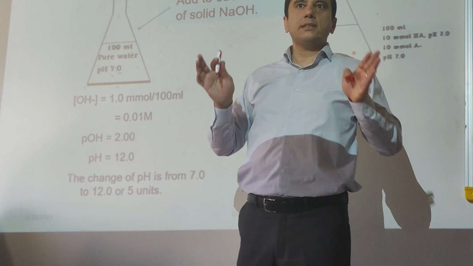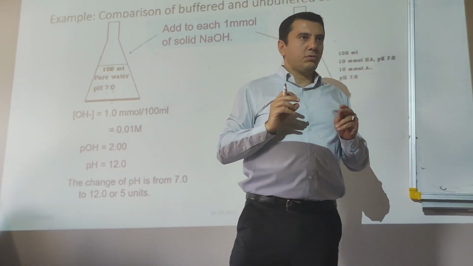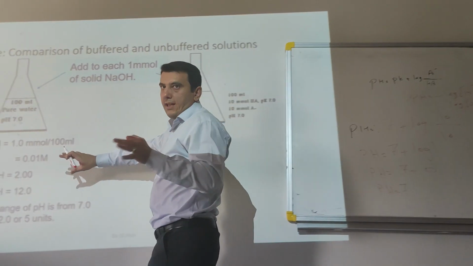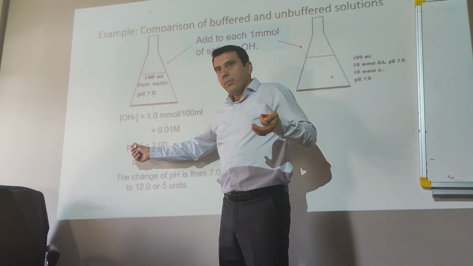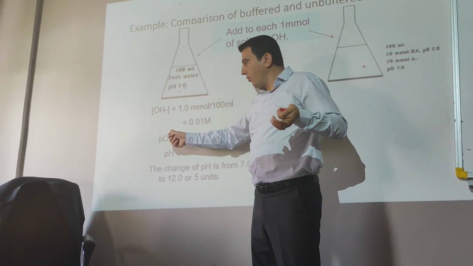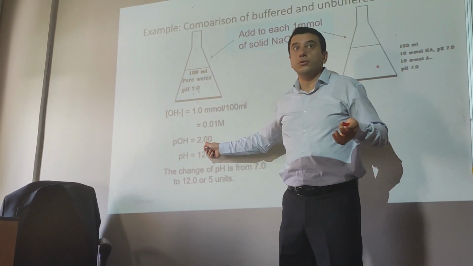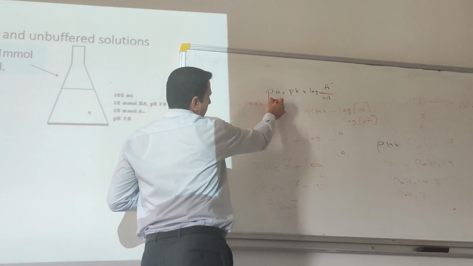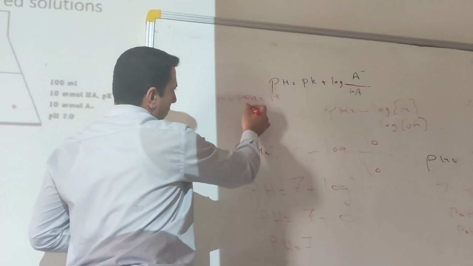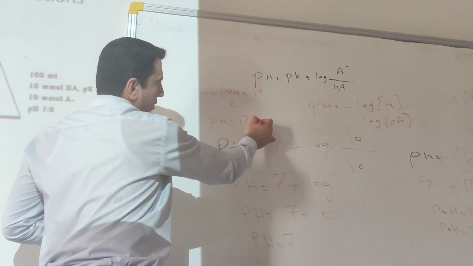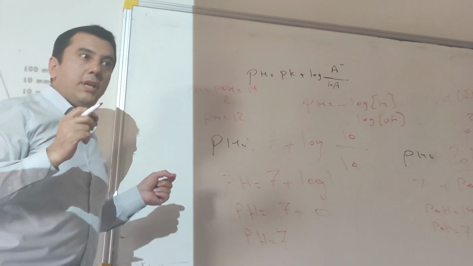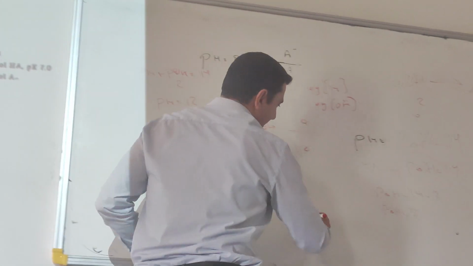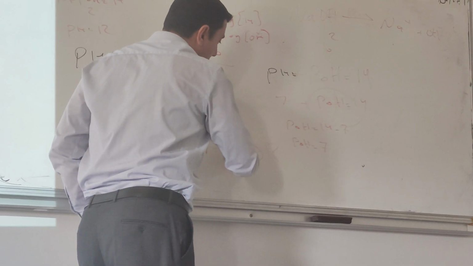I do not want to teach you mathematics, so we don't need to solve the equation, but the pOH is equal to 2. We know that pH plus pOH is equal to 14. So when pOH is 2, therefore pH is 12. We can see that pH changes from 7 to 12, 5 units.